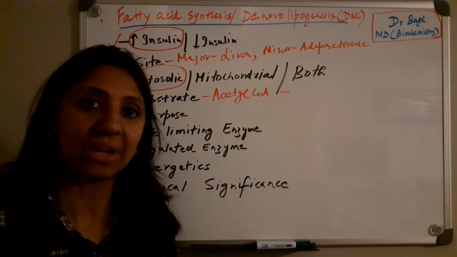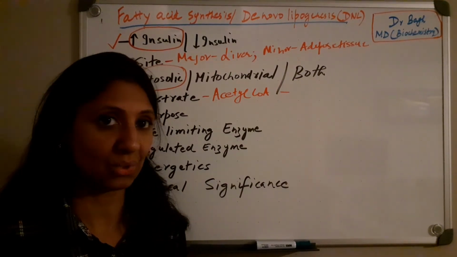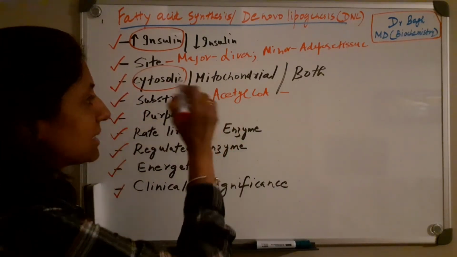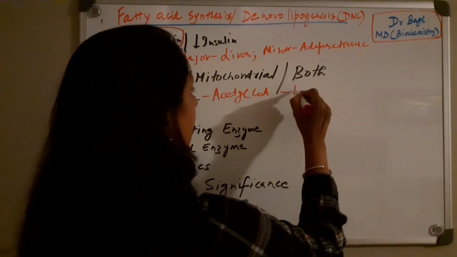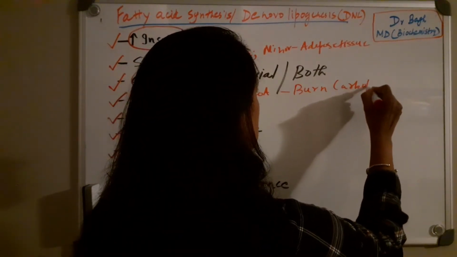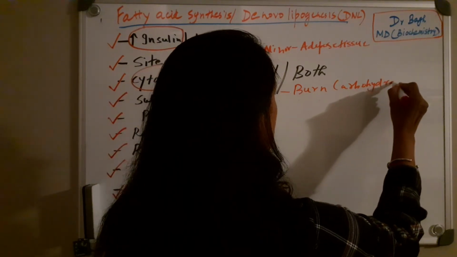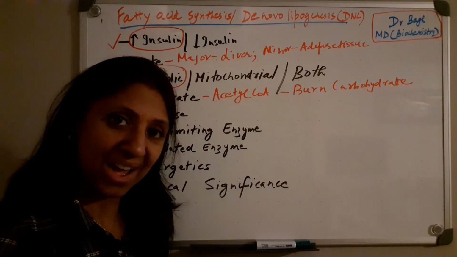Since I told you that fatty acid synthesis is a well-fed state pathway, happening in high insulin, know that you're getting acetyl-CoA in a well-fed state or high insulin by burning carbs. So you have to burn carbohydrate to get acetyl-CoA in a high insulin or well-fed state, not fat.